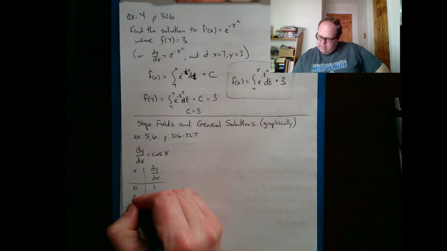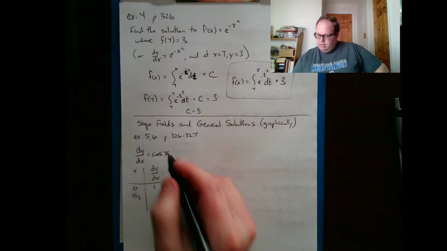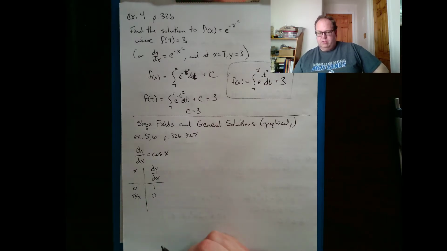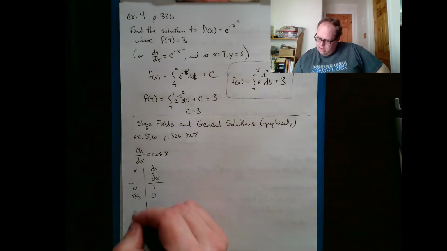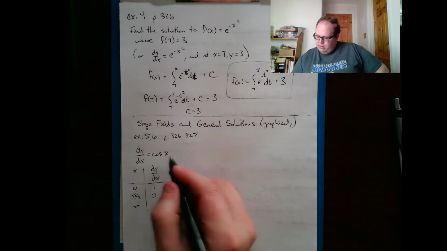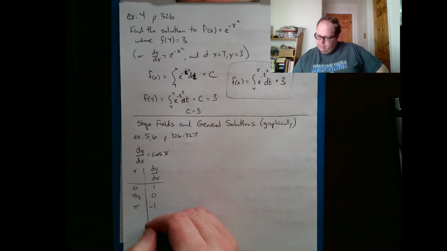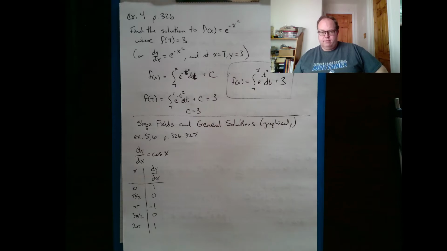At x equals pi over 2, cosine of pi over 2 is 0, so my slope is 0. At pi, cosine of pi is negative 1. At 3 pi over 2, my slope is 0. And at 2 pi, my slope is 1 again. And that pattern continues over and over again, as you know.